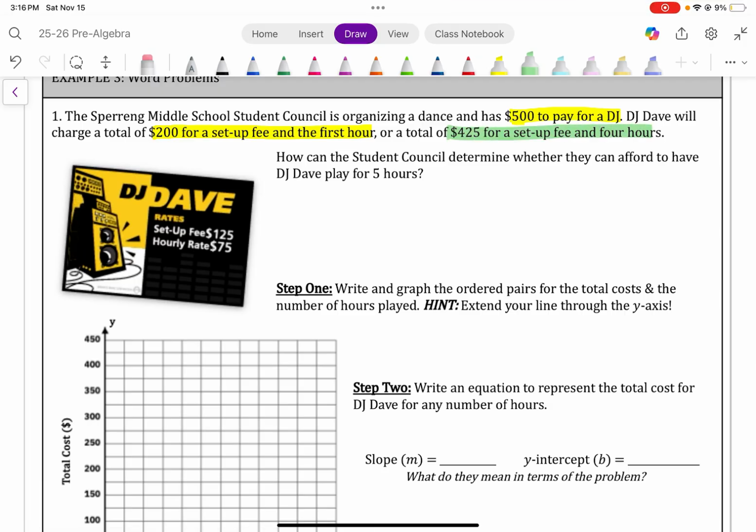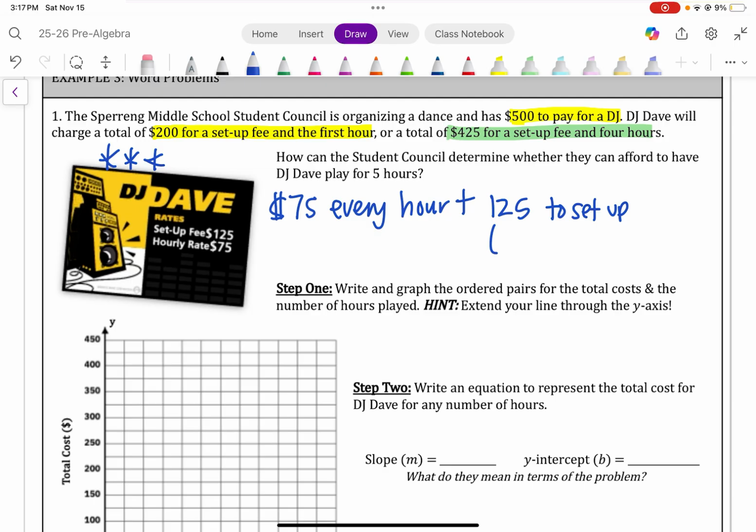And I can see in this picture his rate. So he's going to charge $75 every hour, plus he's going to charge $125 to set up. And he only sets up one time.